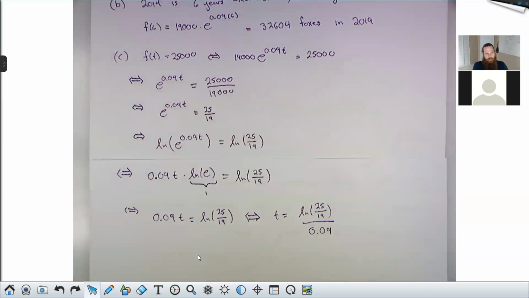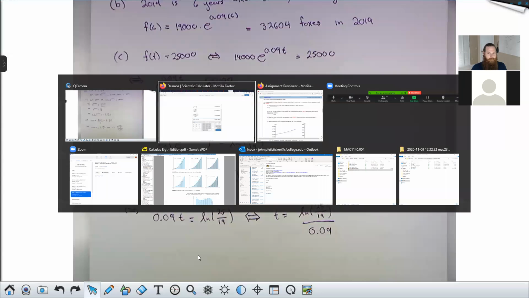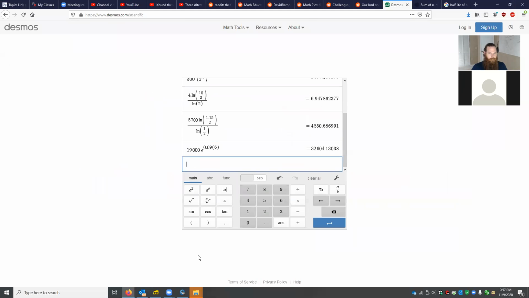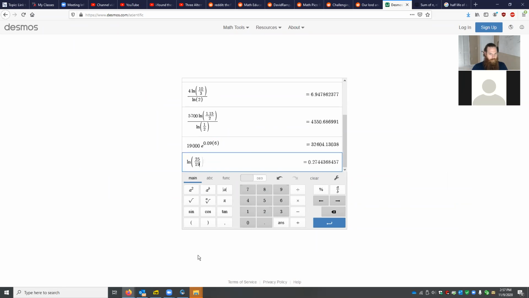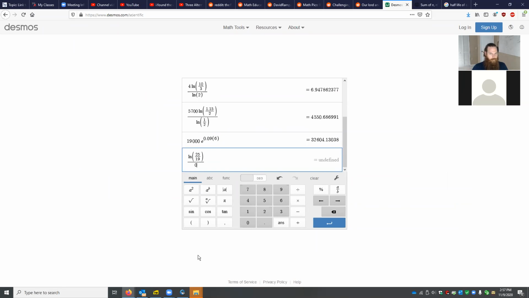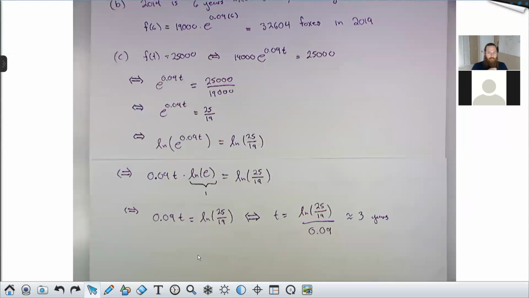Which we can approximate using a calculator. So this is the natural log of 25 divided by 19, all divided by 0.09. You want to be careful with your parentheses, of course. We get 3.04. And that's close to 3. We'll just call that 3 years. So it will take 3 years for the population to reach 25,000.